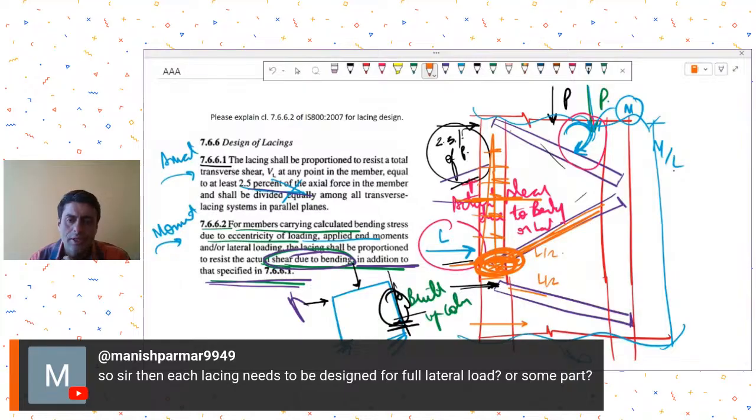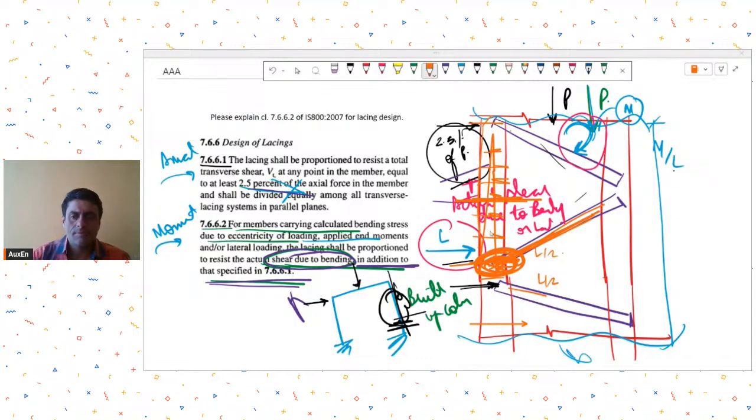You can calculate that from the tributary distance between two lacings, and accordingly design your lacing for that particular shear. So from the shear force diagram you can tentatively calculate the shear that will be transferred to lacings.